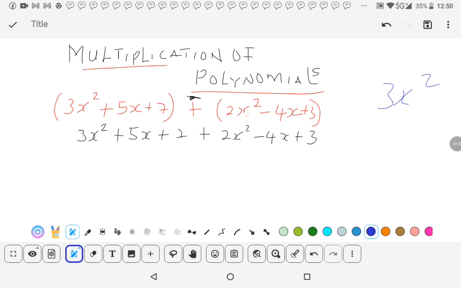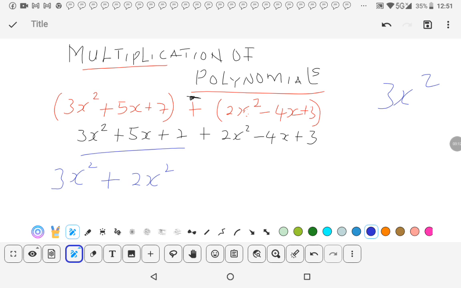So this is what I mean. In this expression, we have 3x squared plus, we'll add it with the highest power of the other expression if they have the same power, which is 2x squared. Then the next one will be, what is the next term that has a power, because you are going to arrange them in order.